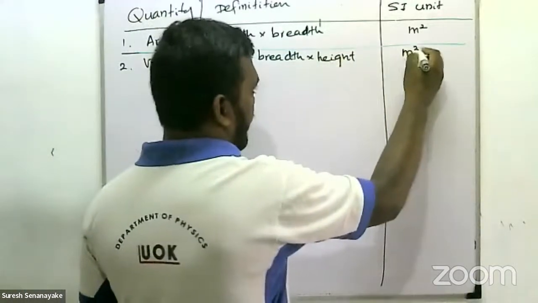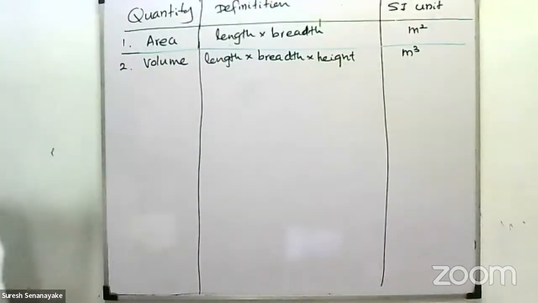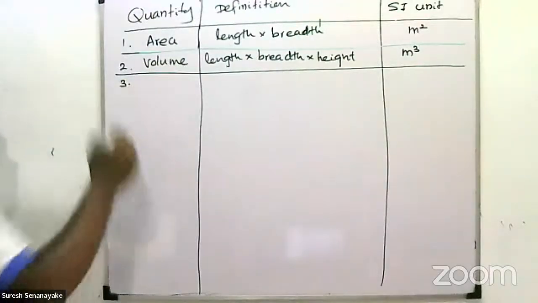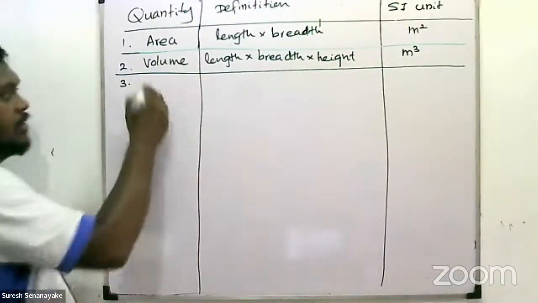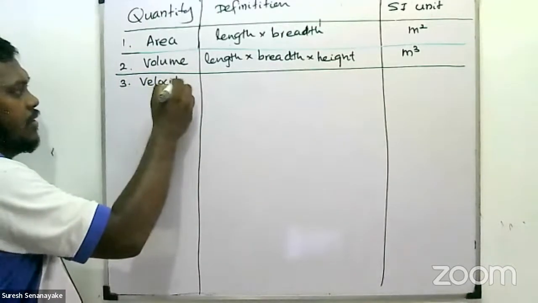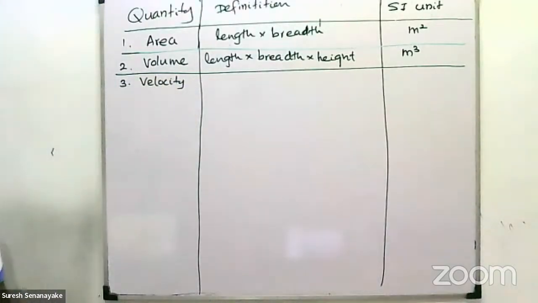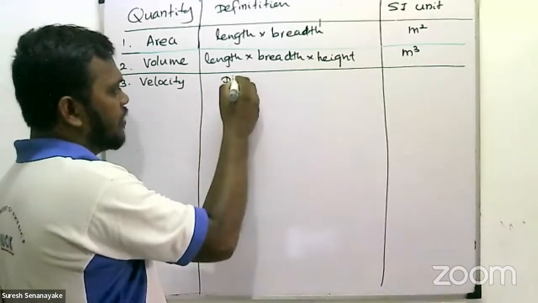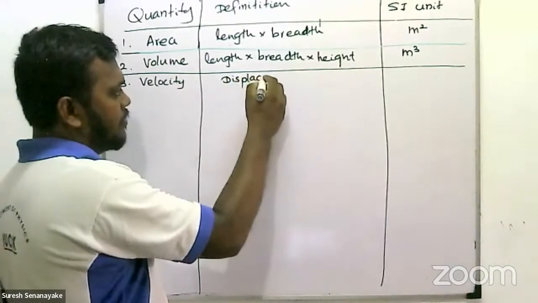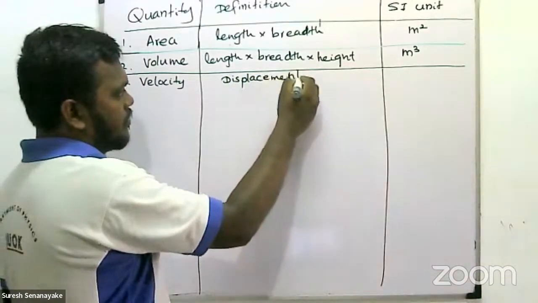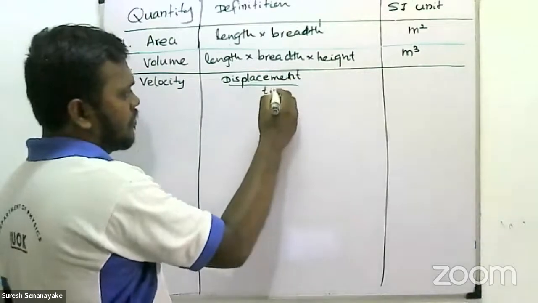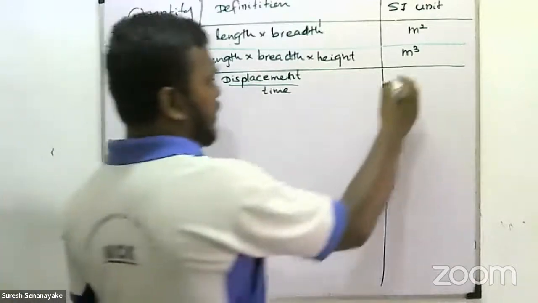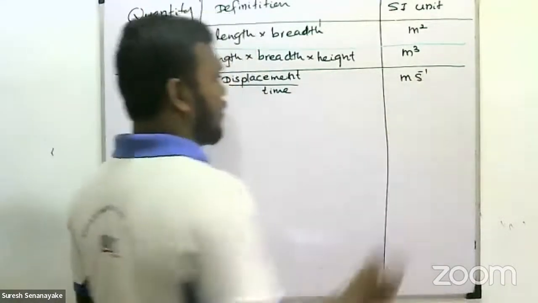That is cubic meter, because length is multiplied twice. The third one is velocity. Velocity we define in our second unit, but here I'm writing it as displacement divided by time. Displacement over time. That is meters per second.